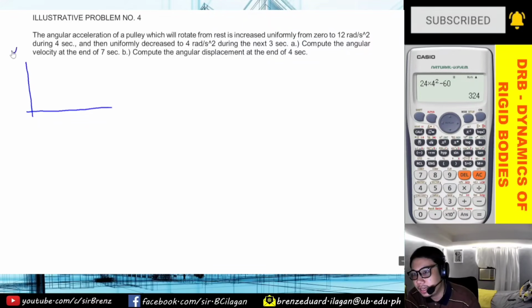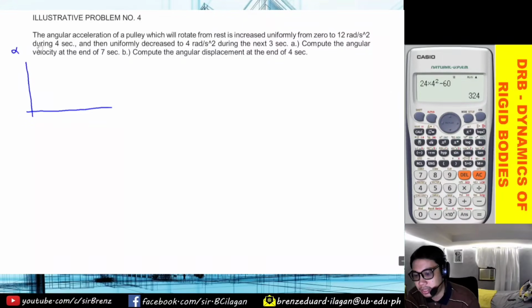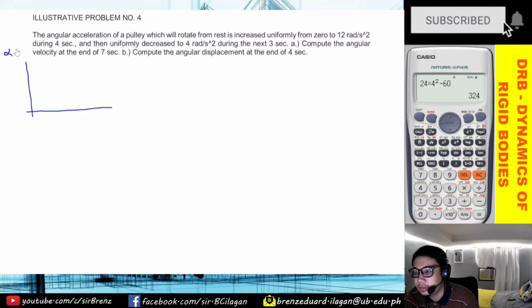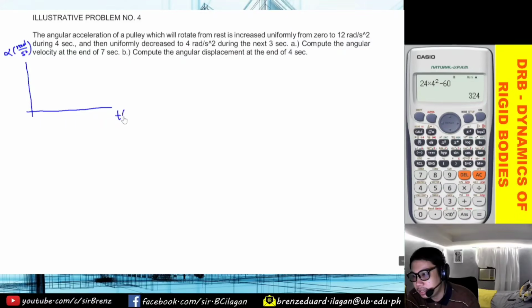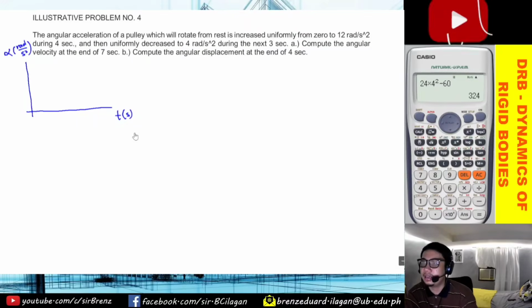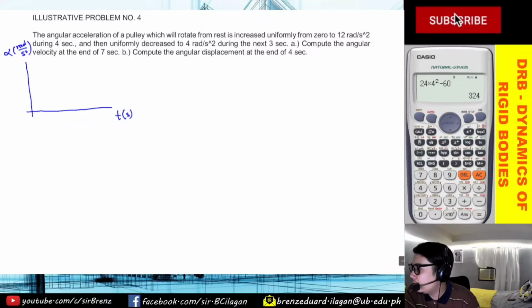So, ito yung ating alpha, which is in terms of radian per second squared. And yung x natin, so that is in time, so that is in seconds. So, interpret ulit natin yung problem.